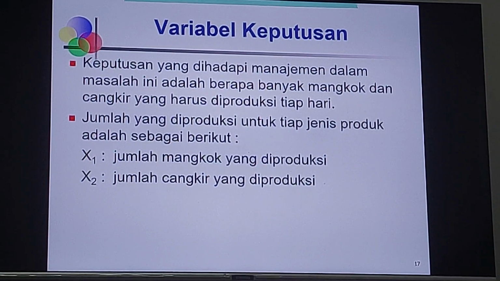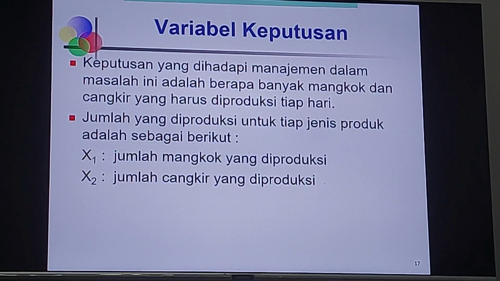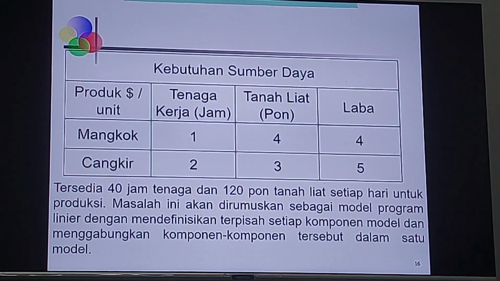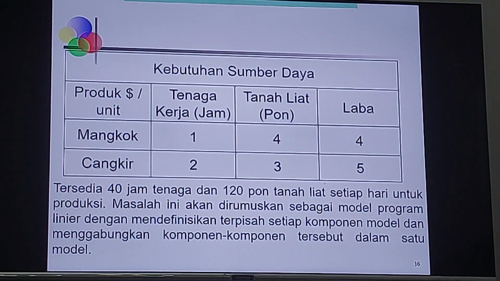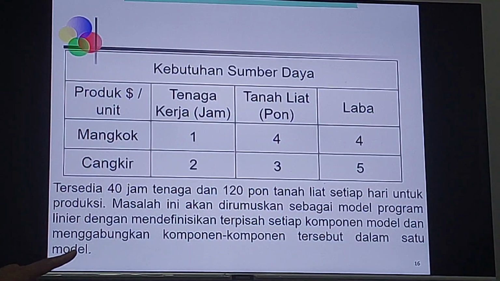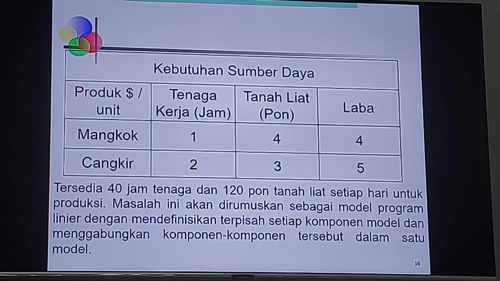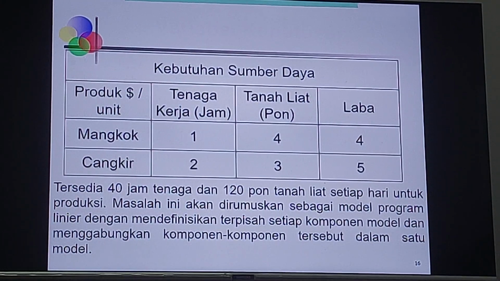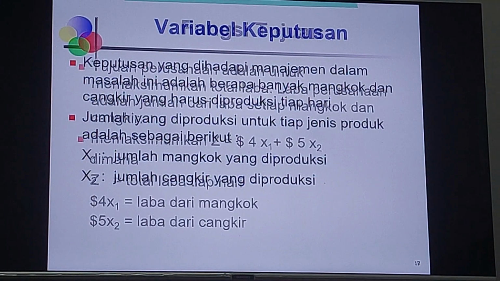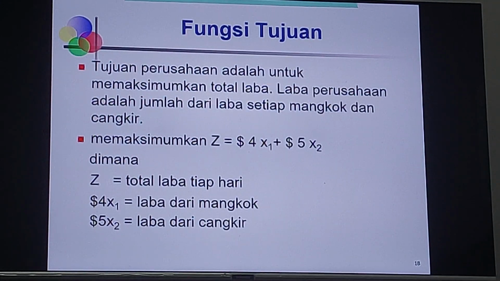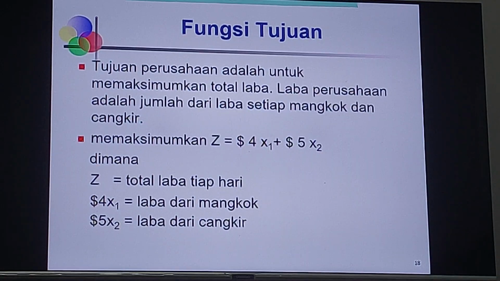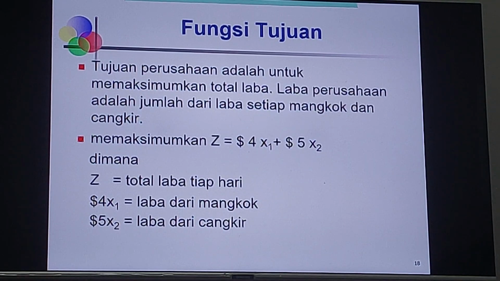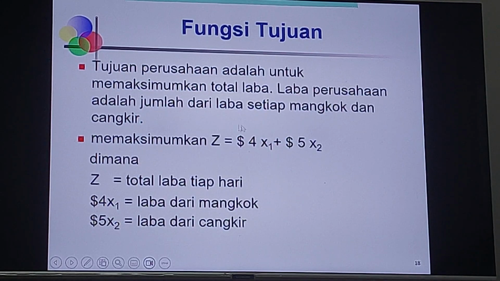So we need to multiply each by its profit. Each goal has $4 profit and each cup we produce has $5 profit. So 4x1 plus 5x2 is the profit: profit for goal, profit for cup, and Z is the total profit.